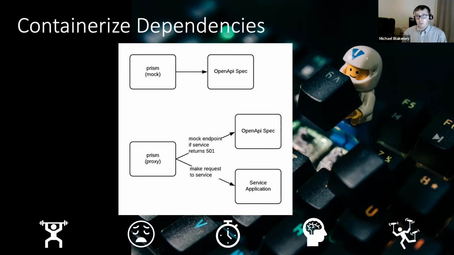If the application returns a 501, then Prism will default to your API spec examples. This lets you have more of an iterative local development approach where your backend might have some of its feature sets ready and built out, but not all of it. And Prism can sit there in front and make that intelligent decision as to when to use the backend and when to use the mock data.